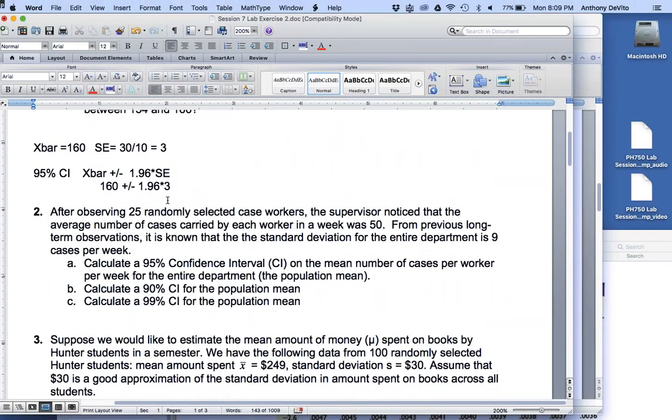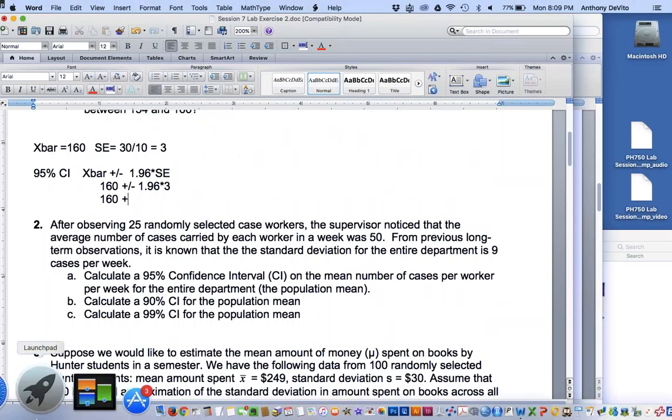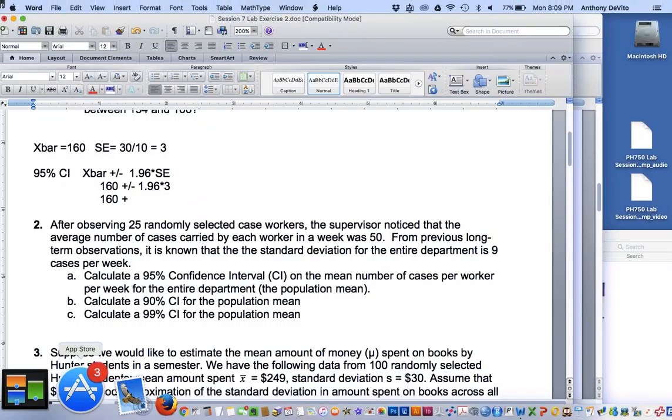It was 3. Okay, so let's calculate that right now. So that's going to be 160, plus, and what does that work out to be? 1.96 times 3 is 5.8.